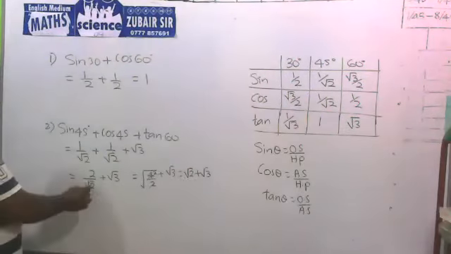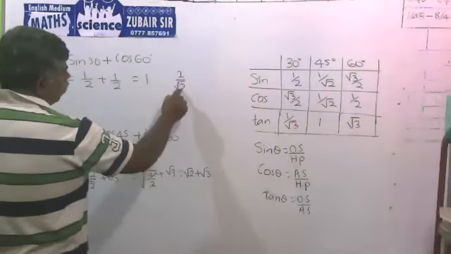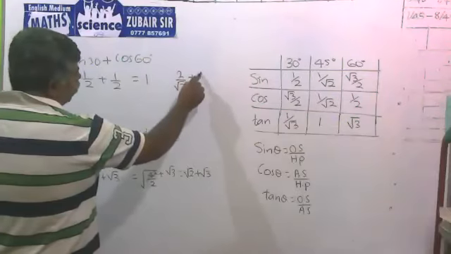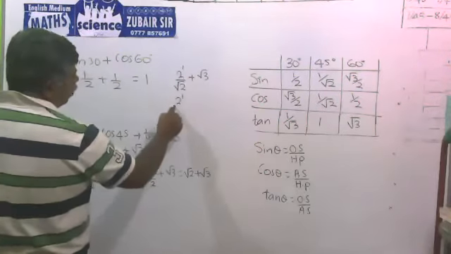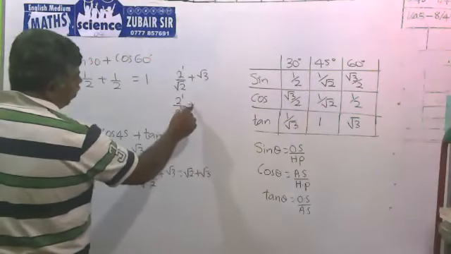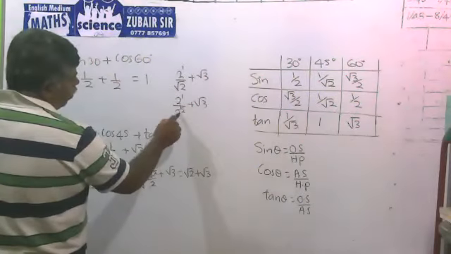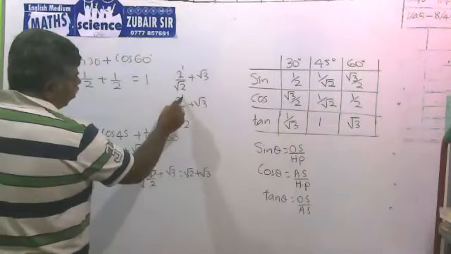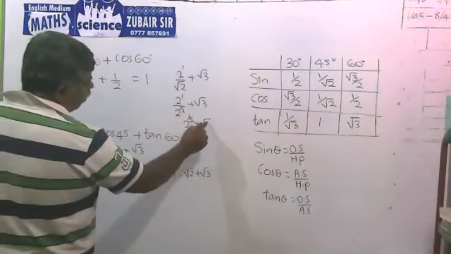So if you feel difficulties in that, you can write like this. 2 over root 2 plus root 3. This 2 means 2 to the power 1, over root 2 means 2 to the power half, plus root 3. Then when you want to divide, you have to minus the power. Then 2 to the power 1 minus half plus root 3.